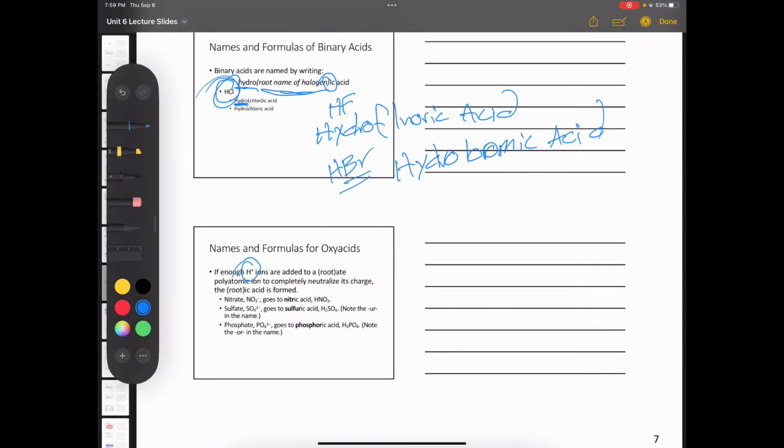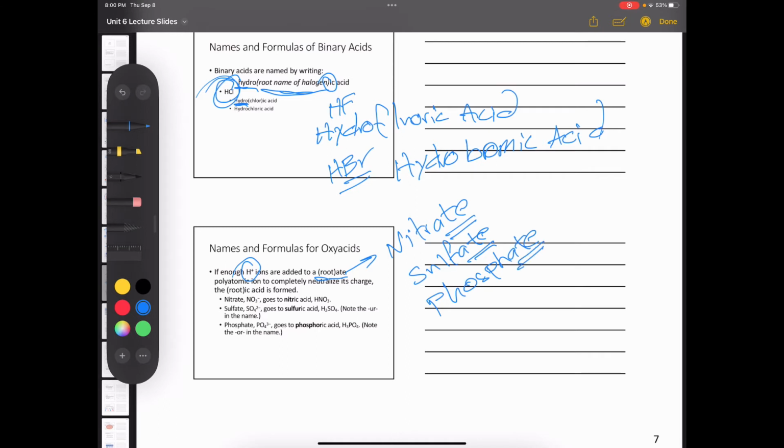When it comes to the oxyacids, if enough H plus ions are added to the root ate, and when we say root ate, we're talking about something like the nitrate, the sulfate, the phosphate.